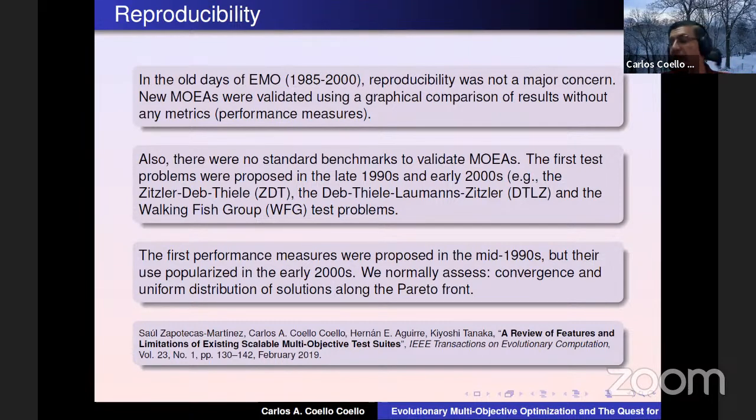And in the 2000s, everybody was already using performance measures and the first test problems. We normally assess convergence and uniform distribution of solutions. Those are the two main things. There is a third one, which is to generate several different solutions, not repeatedly the same solution.